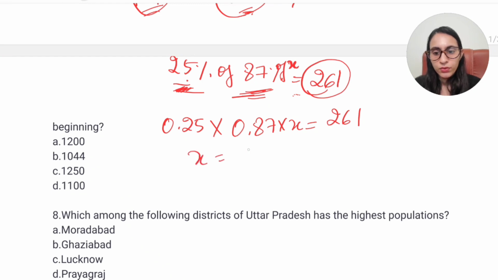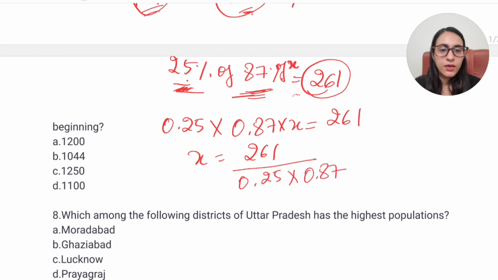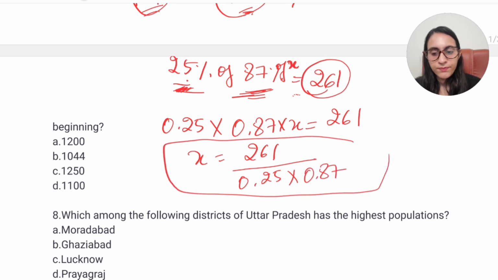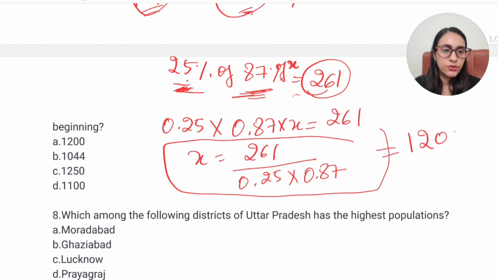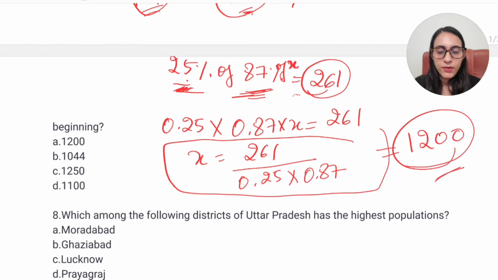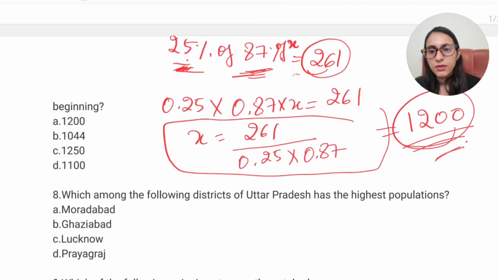So x is equal to 261 divided by 0.25 into 0.87. So if you calculate this, that makes it 1,200 mangoes. So the woman initially had 1200 mangoes, and the answer to this question becomes A, which is 1200 mangoes.